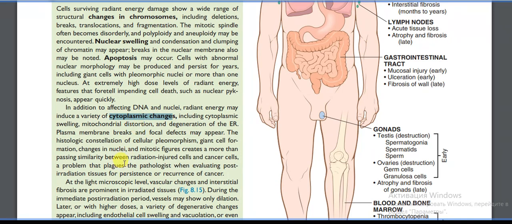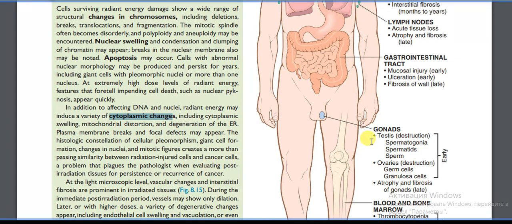Histologically, plasma membrane breaks and focal defects may appear. The histologic constellation of cellular polymorphism, giant cell formation, changes in nuclei and mitotic figures create a more than passing similarity between radiation-injured cells and cancer cells, a problem that plagues pathologists when evaluating post-radiation tissues for persistence or recurrence of cancer.